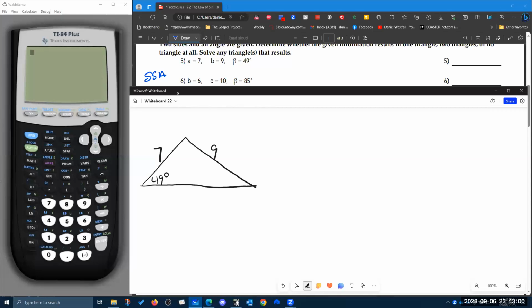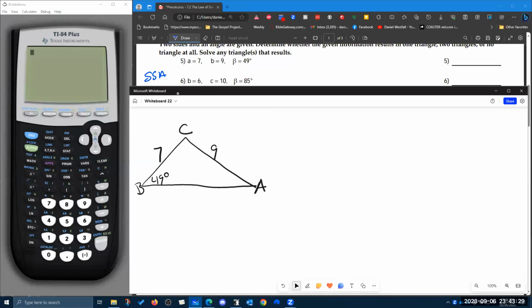It's not the base. So this was B, and this side was little a. I'm going to use big A, big B, and big C instead of alpha, beta, and gamma. So now I'm ready to use my law of sines.